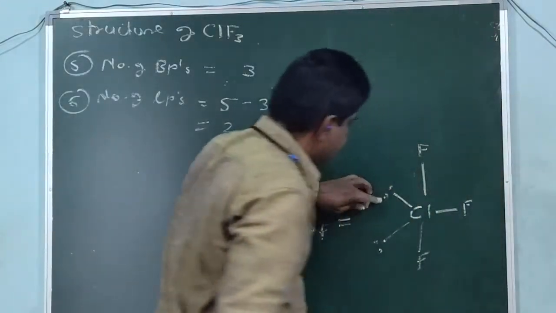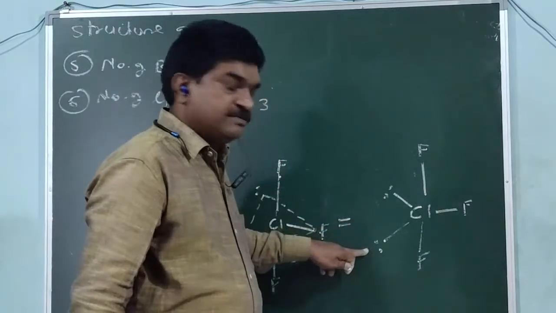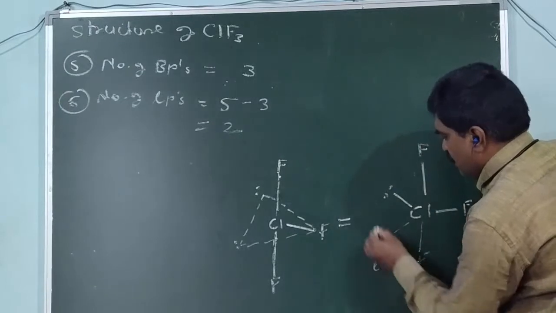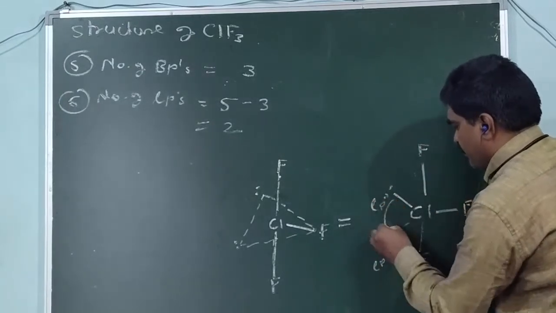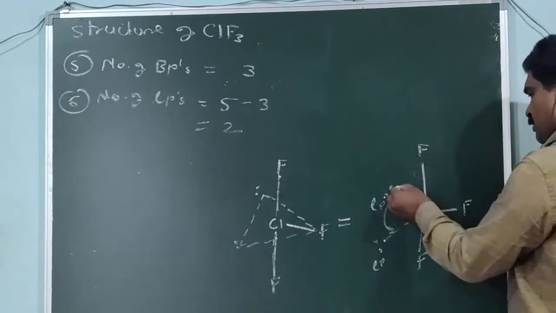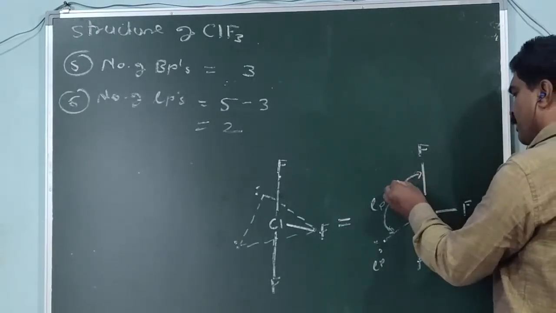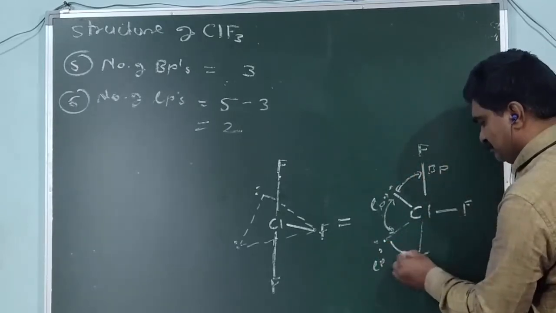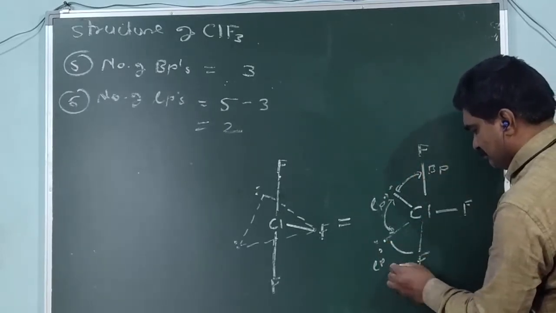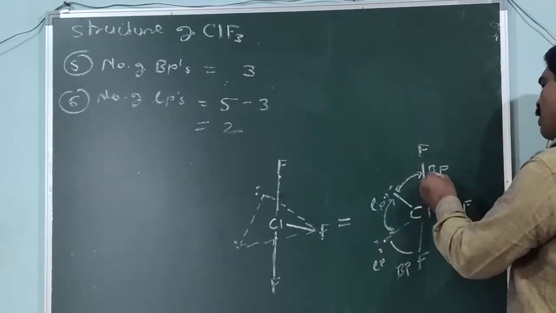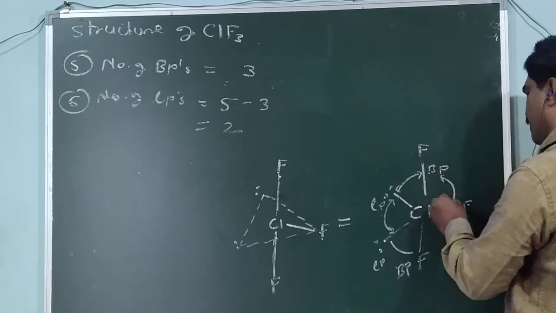Now because of the presence of these lone pairs along with the bond pairs, there will be a lone pair repulsion, number one. Again there will be lone pair bond pair repulsions. And bond pair repulsion would be there.